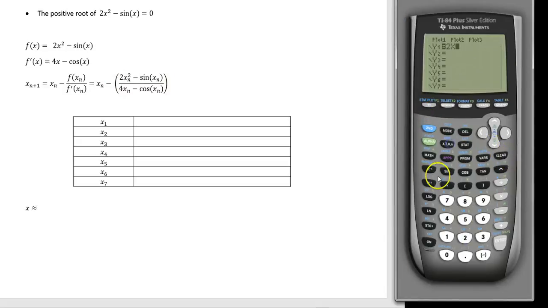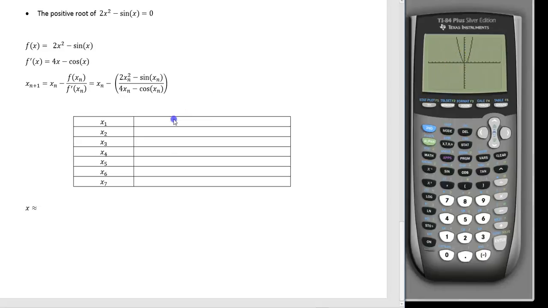So 2x squared minus sine, and this will give us an idea of what we should use for our first guess. So it looks like those solutions must be really close to 0. So let's go ahead and just use 1 as our first guess. And using 1 as our first guess is going to hopefully ensure that we get the positive solution if there is a negative solution there.